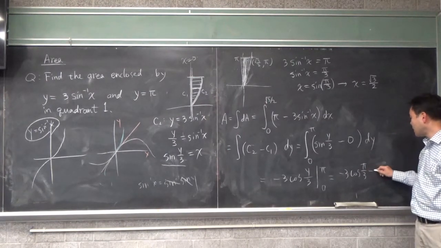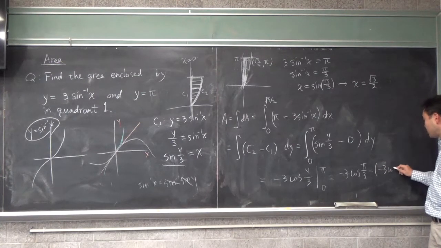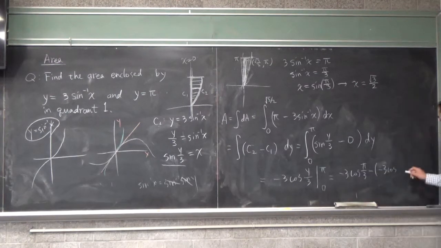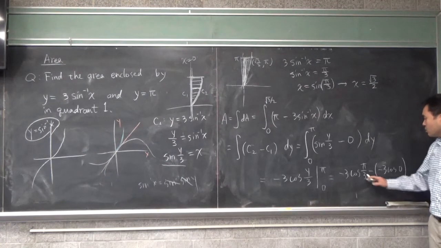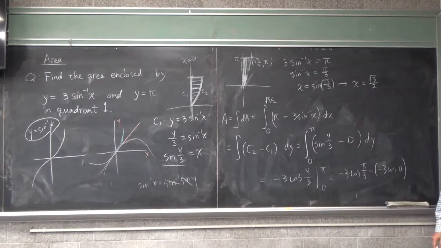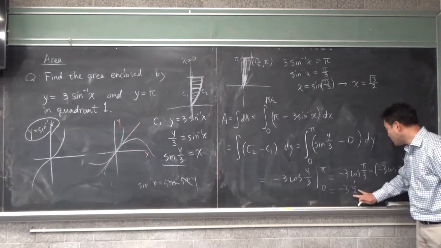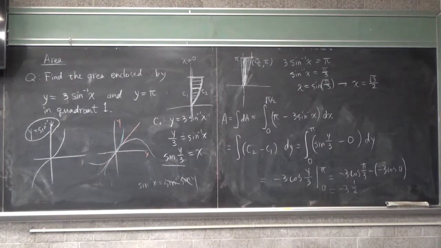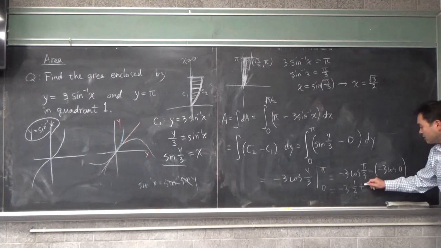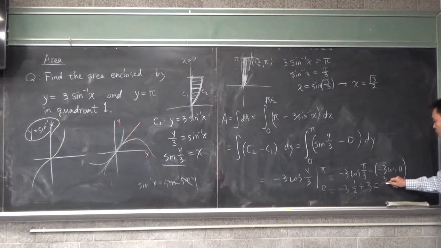And then minus of -3 cosine, and you plug in 0 into y, you get cosine 0. Tell me what cosine pi over 3 is. 1/2. Good. So it's -3 times 1/2. What's cosine of 0? 1. So it's negative of -3 times 1, so it's plus 3. So the final answer is 3 over 2.